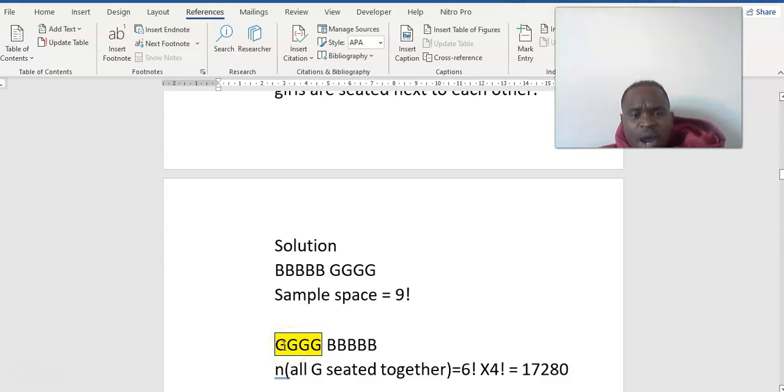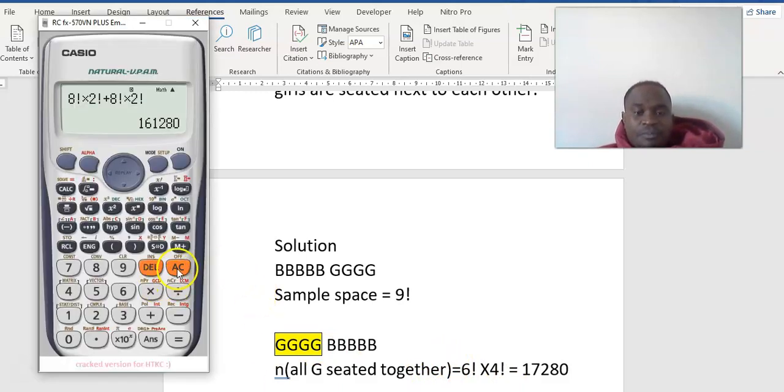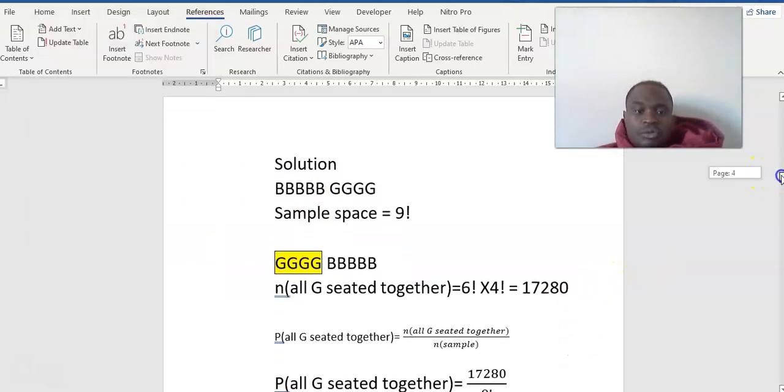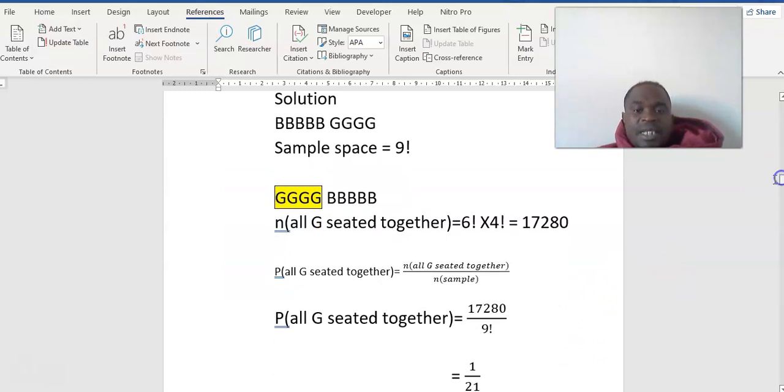So that's going to be 4 factorial. Let's press that on the calculator. 6 factorial times 4 factorial. And it's going to give us this one. So the probability is the number of ways all the girls are seated together over the sample space.